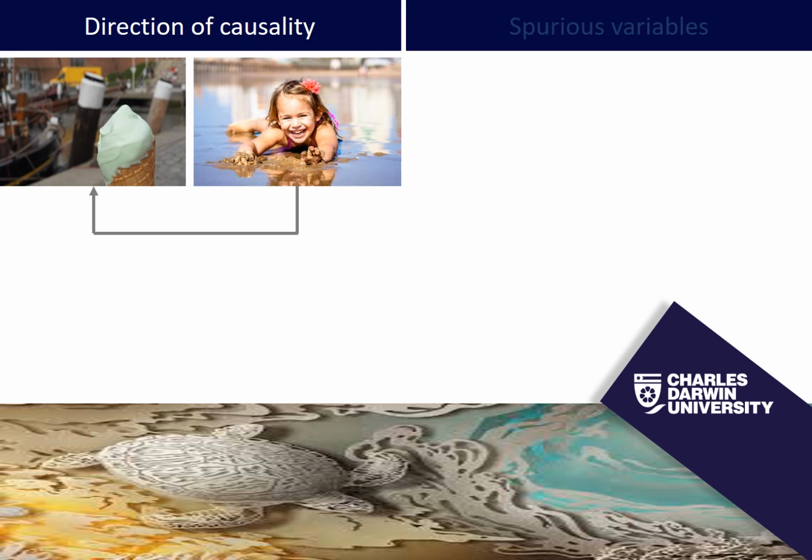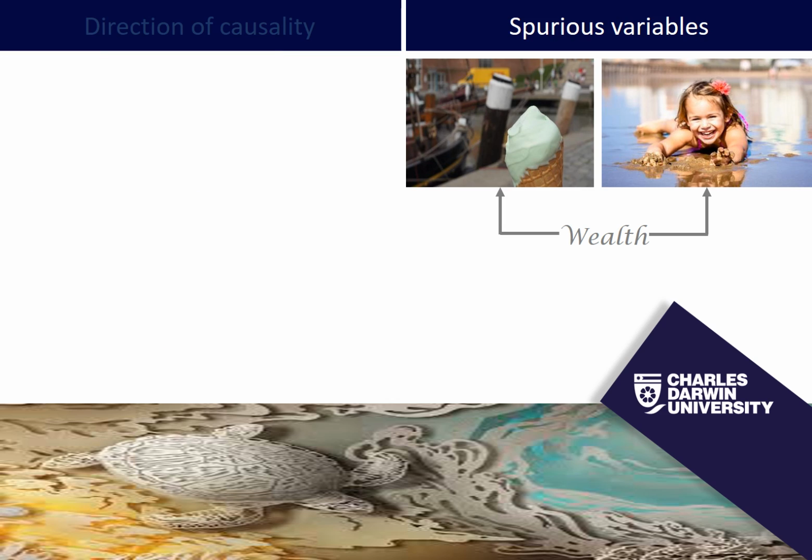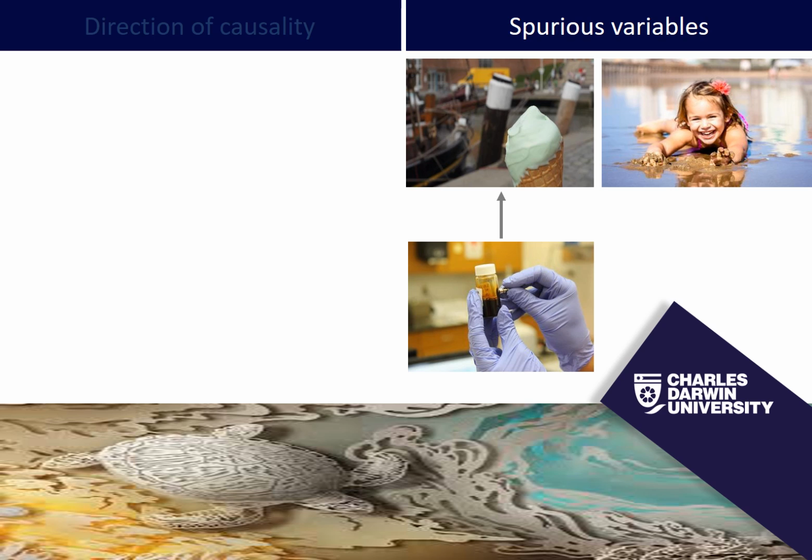These results cannot be ascribed to the reverse direction of causality. That is, happiness could not have promoted ice cream consumption because only the researcher determined ice cream consumption. Likewise, the results cannot be ascribed to spurious variables like wealth. No spurious variable could have affected both ice cream consumption and happiness because, again, only the researcher determined ice cream consumption.